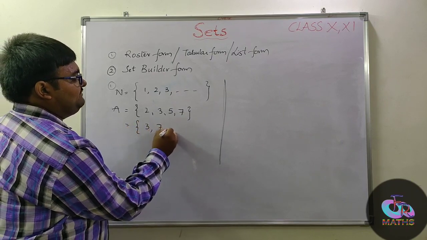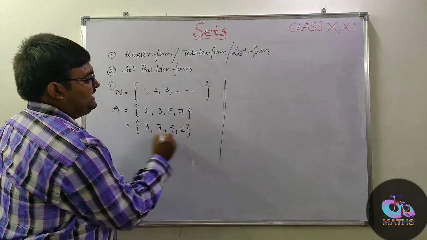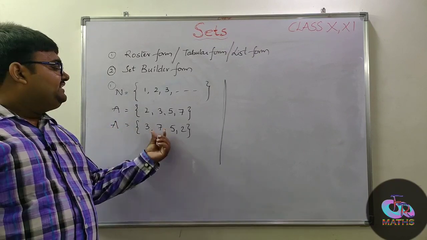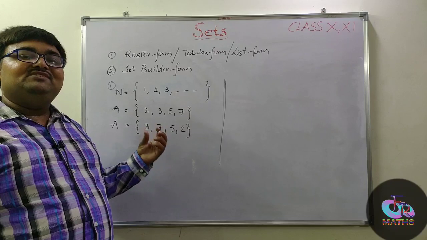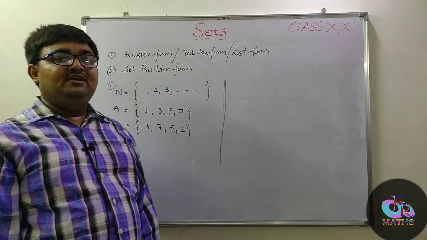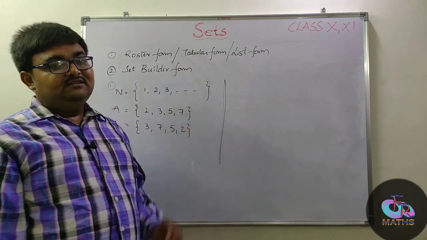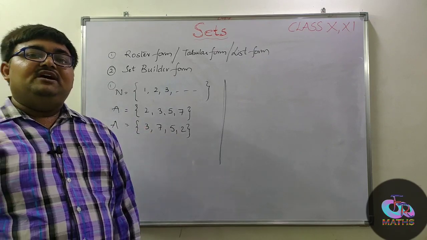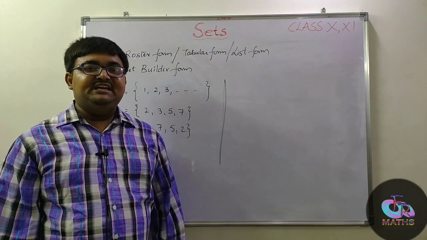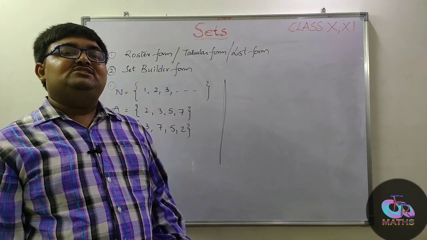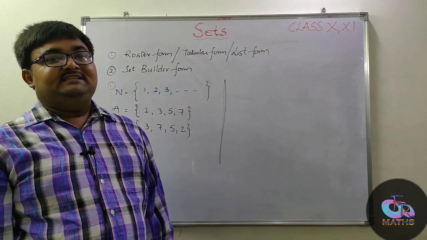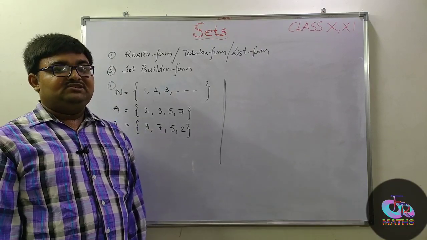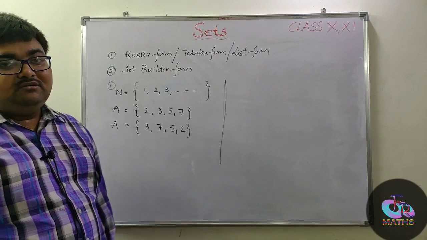If you write 3, 7, 5, 2, then this is also the same set A. If you interchange the elements or change their order, there is no effect on the set. Also, if the same element is repeated, there is no need to write the repeated element again in roster form. So you need to remember these two things.